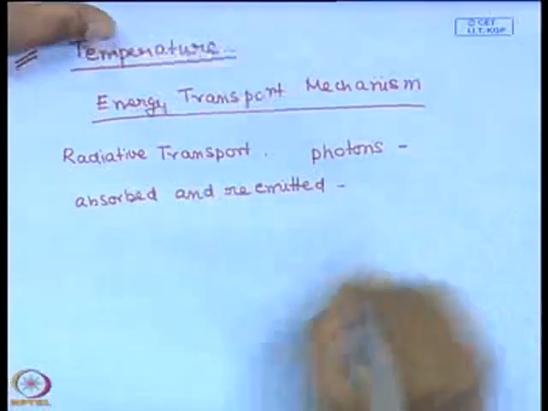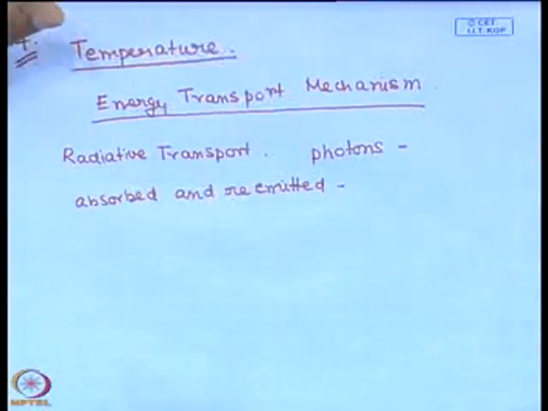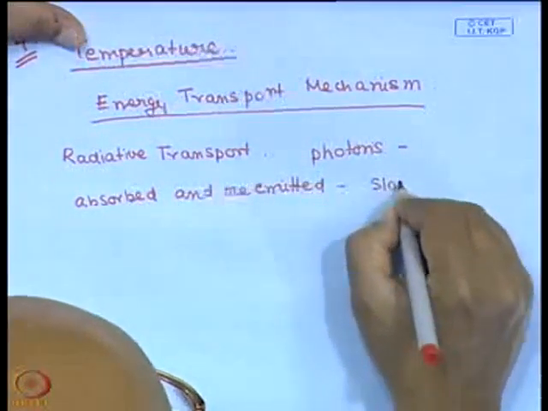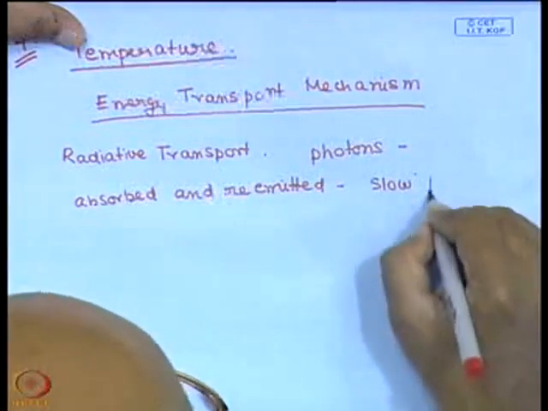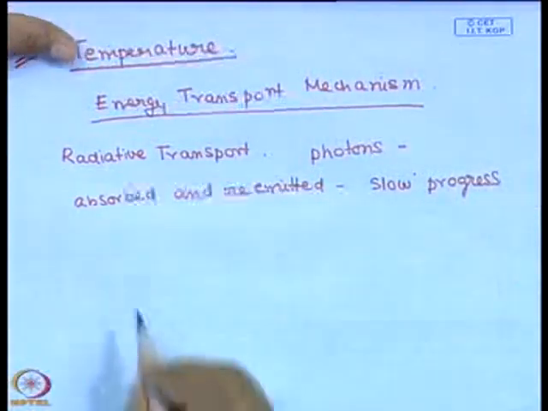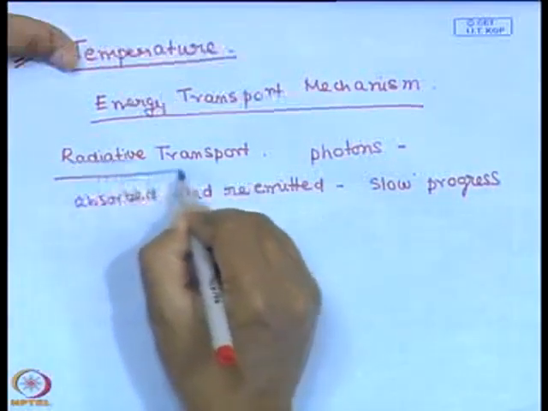Okay, so this is a diffusion process. It's a random walk. We have discussed this. So the photons slowly make their way. It's a slow progress through the sun. Okay, so this is the radiative transport.